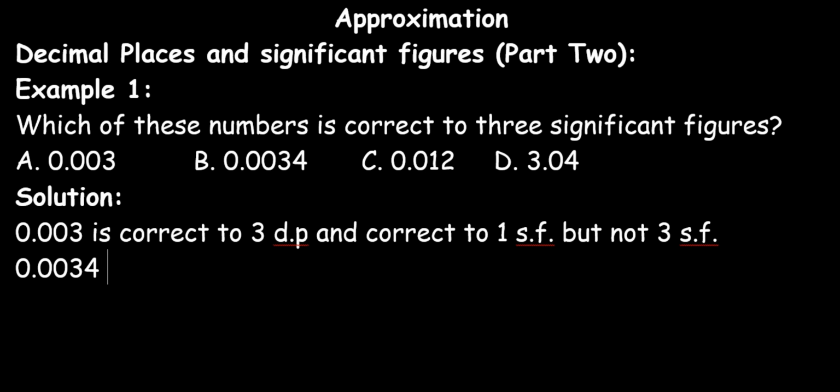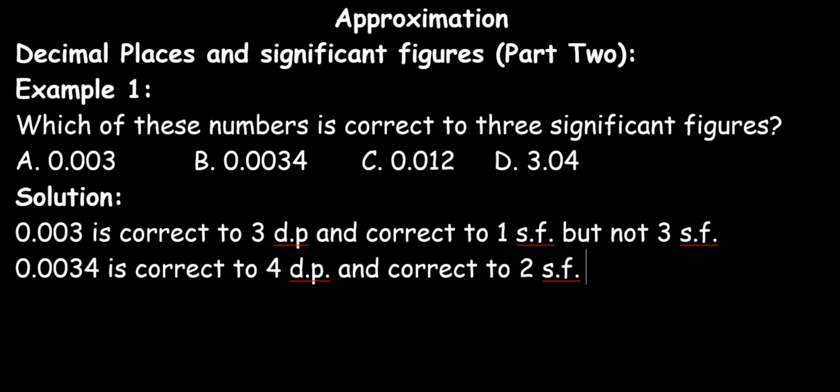Let's look at option B. 0.0034 is correct to 4 decimal places and correct to 2 significant figures. Why do we say that? If you move your decimal point towards the end after 4, it will move 4 places: 1, 2, 3, 4, before you get to where 4 is.